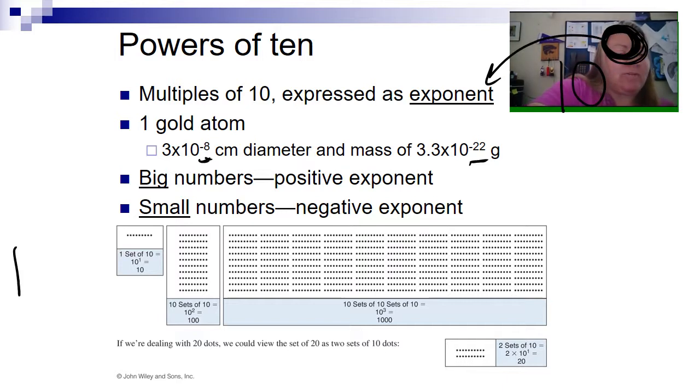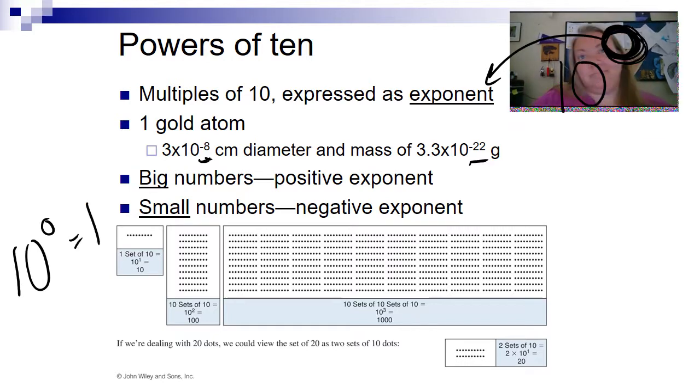Have you ever thought if you have a 10 to the 0 power, what does 10 to the 0 power mean? So if you had 1 times 10 to the 0 power, well, that means that you have no zeros. That's just 1. Right here we have 1 times 10 to the first power. That's 10.